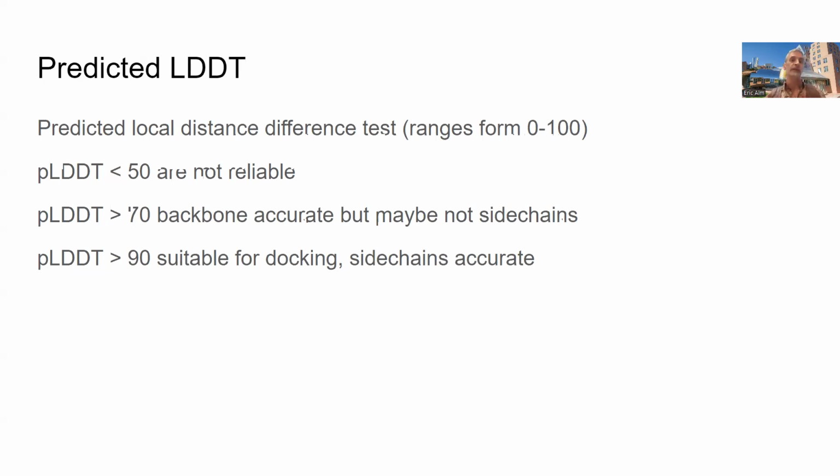The other important thing that they were able to predict as output to the final model was a predicted local distance difference test. And so the LDDT really measures in a local sense how correct the structure of the protein is. And they were able to show that the predictions from the model were more confident in the regions that had a better predicted LDDT.